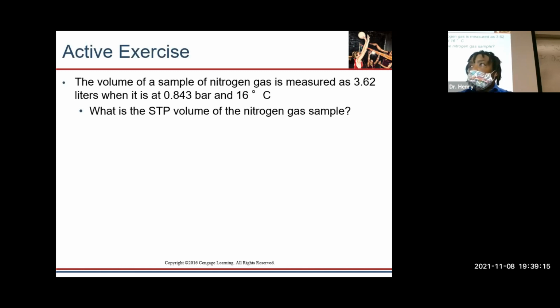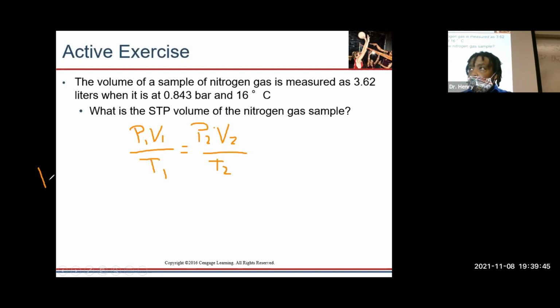So we're going to use the same equation. P1 V1 over T1 equals P2 V2 over T2. So we want to solve again for our V2.